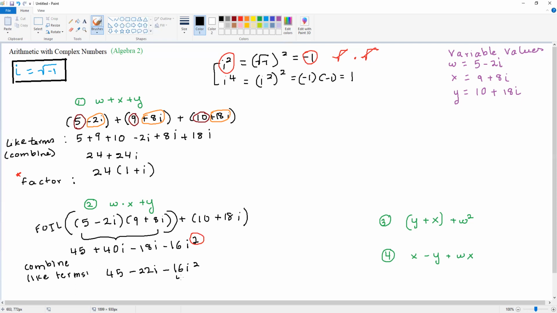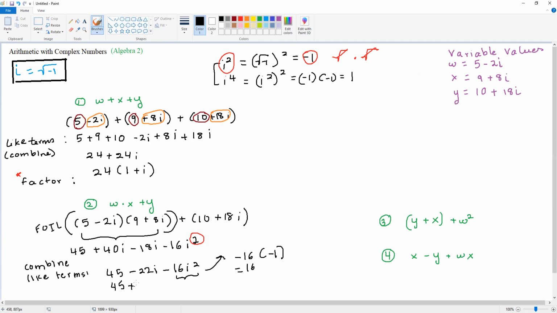And this i squared, we can actually rewrite as negative 16 times negative 1 because we've already stated here that i squared is equal to negative 1. So this is going to equal 16. So we can combine this again to 45. And again, be careful here because when we're multiplying by negative 1, it's going to be positive.